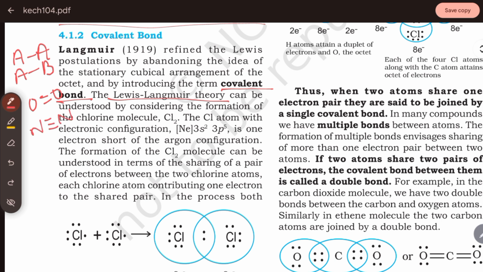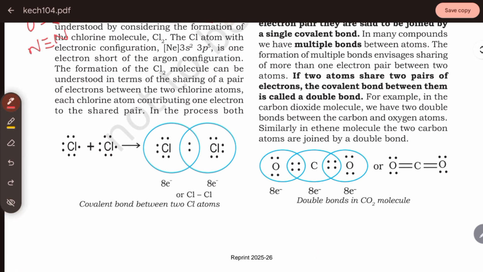These are all covalent bond formation. The first example is between two chlorine atoms forming a Cl2 molecule. Chlorine is a group 17 element having 7 valence electrons. So this is your Lewis symbol, 7 valence electrons.